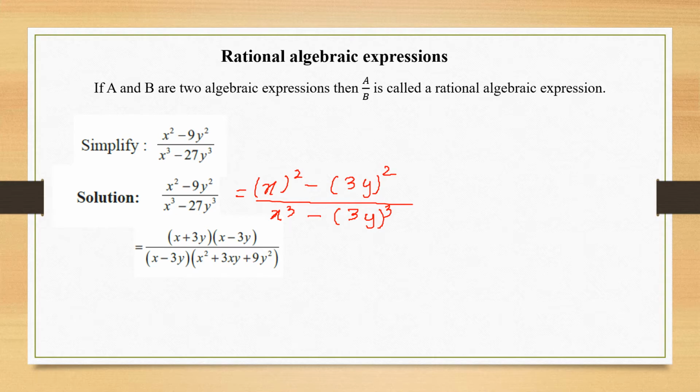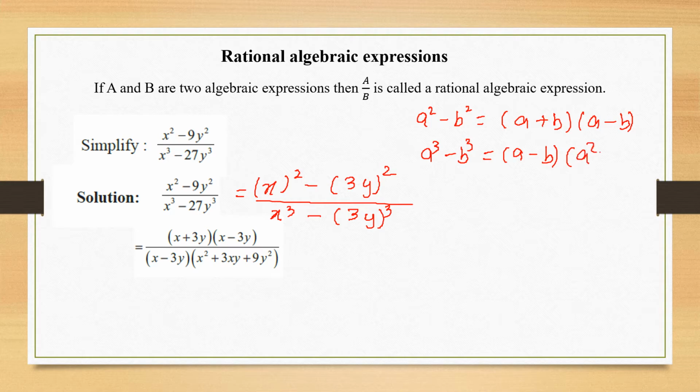Now the numerator is of the form a squared minus b squared, and the formula is (a plus b)(a minus b). The denominator is of the form a cube minus b cube, and the formula is (a minus b)(a squared plus ab plus b squared). Using the two formulas, the numerator becomes (x plus 3y)(x minus 3y), and the denominator becomes (x minus 3y)(x squared plus 3xy plus 9y squared).